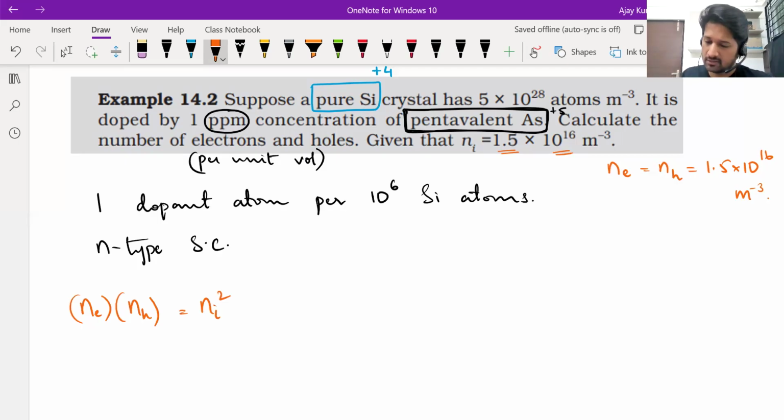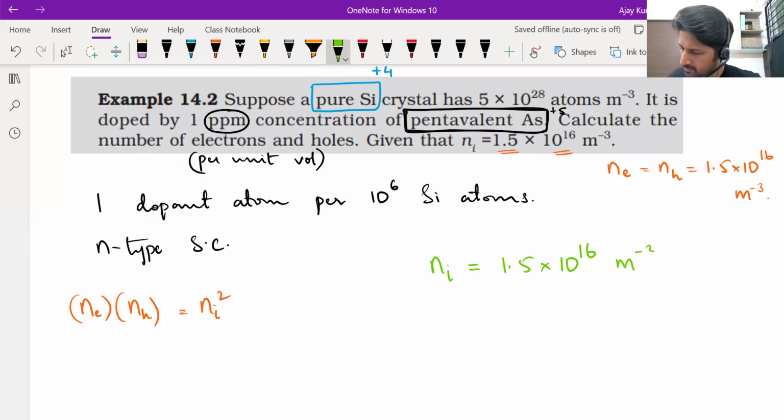Now, observe one thing here. The intrinsic charge carrier concentration Ni means before doping, the concentration of conduction electrons or that of holes is just 1.5 into 10 power 16 per meter cube.